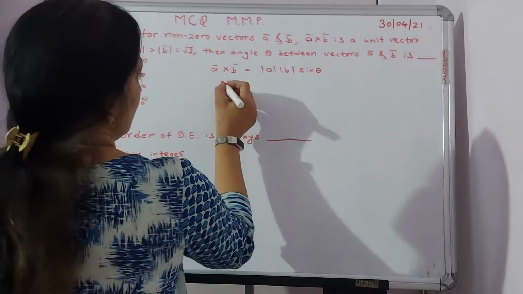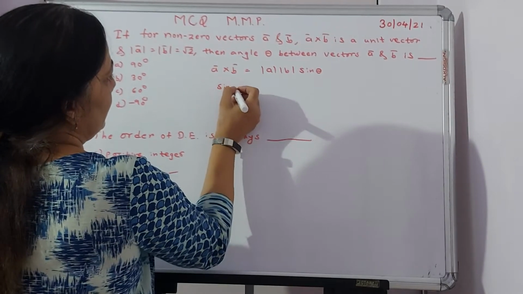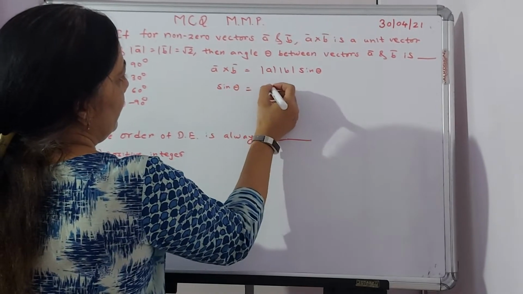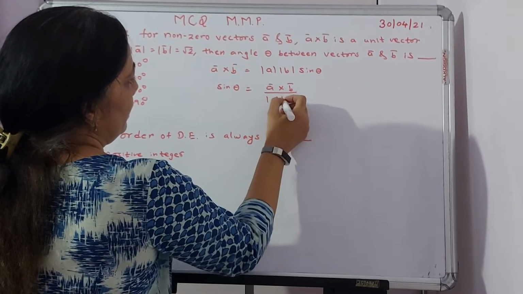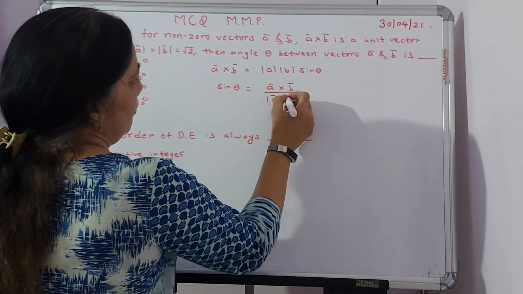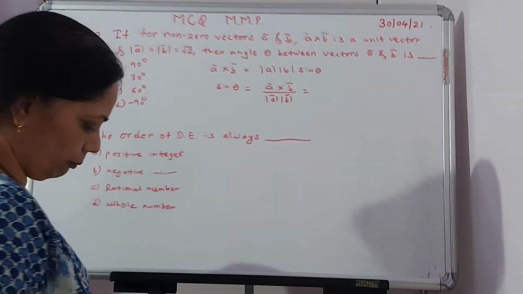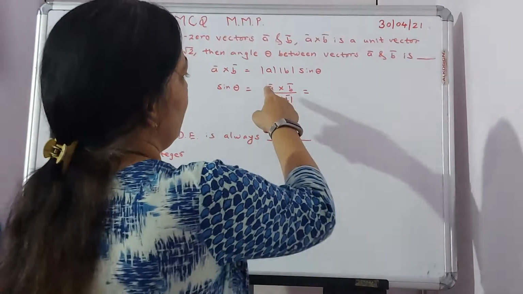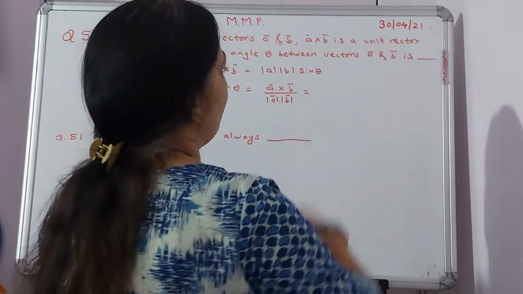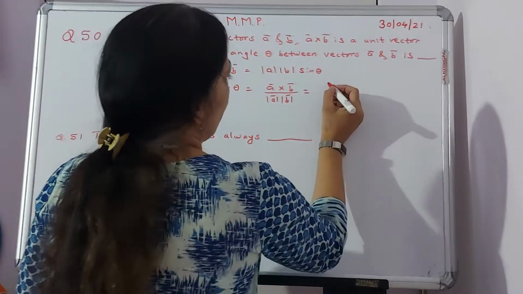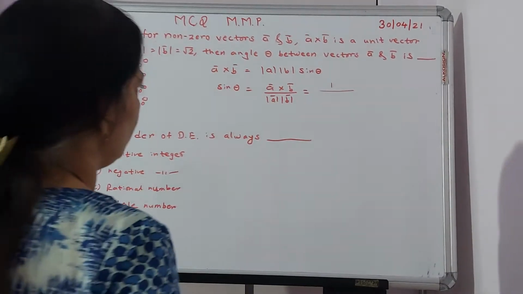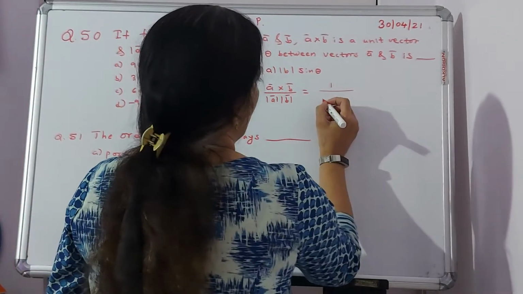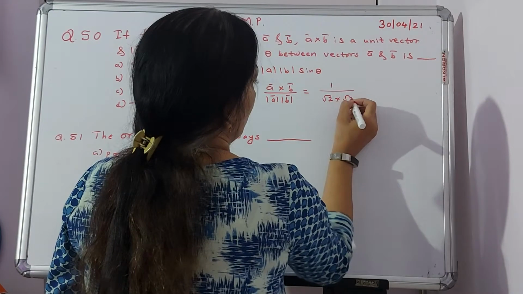Right? So obviously the value of sine theta will be mod of A cross B divided by mod of A into mod of B. For the numerator, A cross B, they say unit vector, so we'll put the value to be 1. For the denominator, they say mod A is equal to mod B is equal to root 2. So I'll put the value root 2 into root 2.